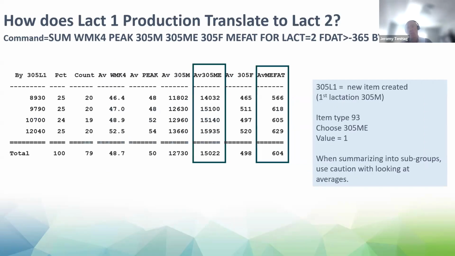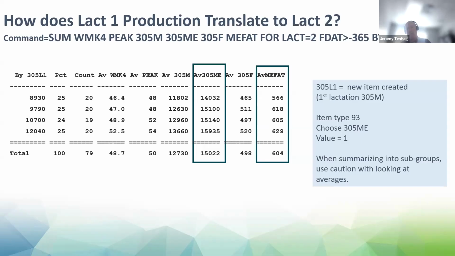Is there a way to monitor lactation 2 production based on what the animal did in lactation 1? We can break that kind of data out into quartiles, and that's what I've done here. You need to create an item 305L1, or 305 milk lactation 1. It's an item type 93. You get an option to choose 305ME or total milk. I'm saying choose 305ME.